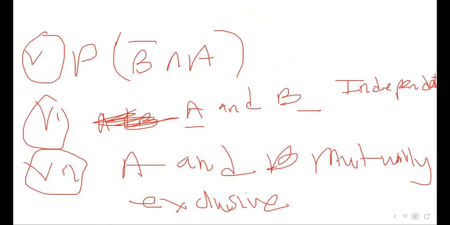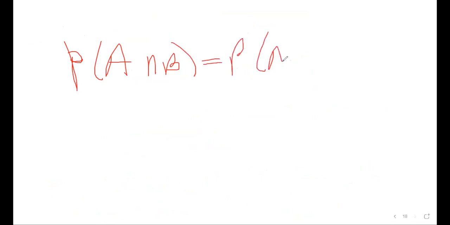Now the other thing is, are they independent? Carry out a test for independence. You simply say the probability of A intersection B is equal to the probability of A multiplied by the probability of B if they are independent.